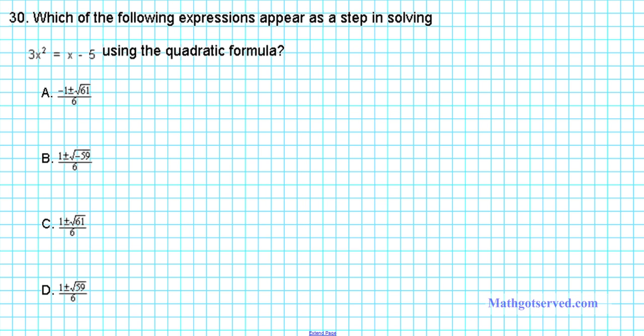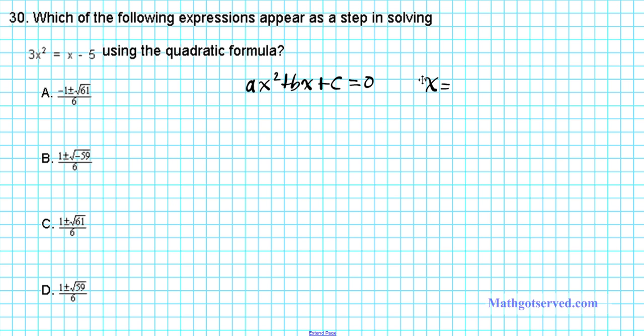It says, which of the following expressions appear as a step in solving 3x squared equals x minus 5 using the quadratic formula? Now, one thing you have to note is that before you use the quadratic formula, your quadratic equation must be in standard form. What is the standard form?